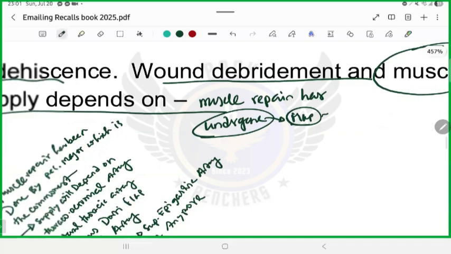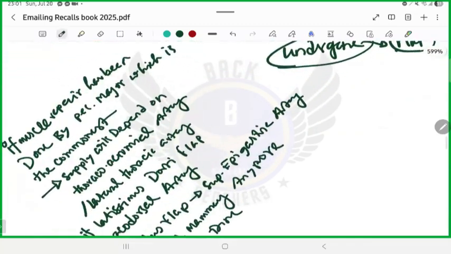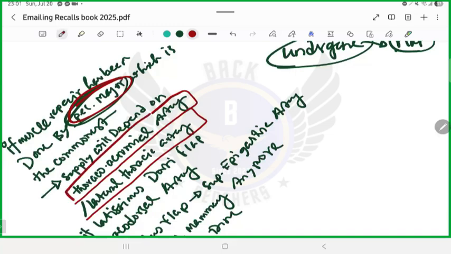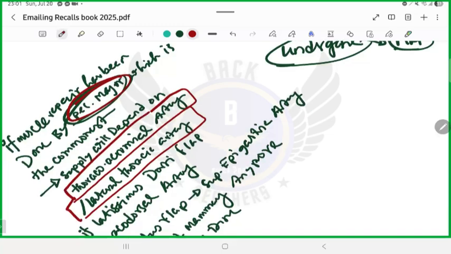Let's say we took the flap from pectoralis major, which is the commonest. If we took the flap from pectoralis major, supply will depend on the thoracoacromial artery or lateral thoracic artery.